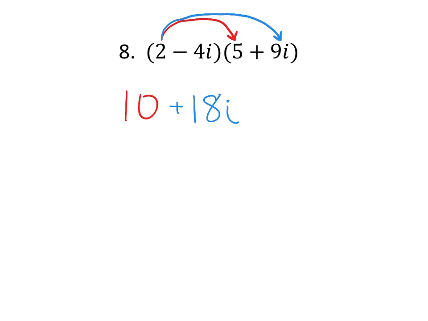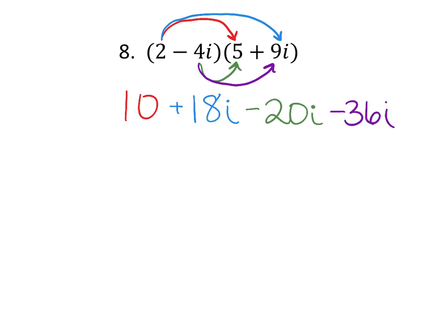First, outside, now inside. Negative 4i times 5 is negative 20 with an i. And then the last thing I'm multiplying is the lasts in both of the parentheses. Negative 4 times 9 is negative 36 i squared, since they both have an i.